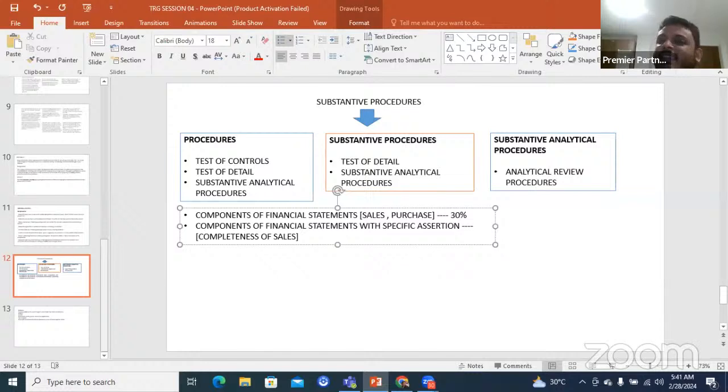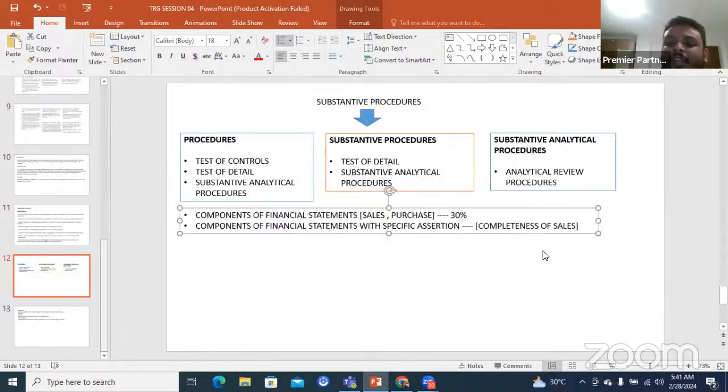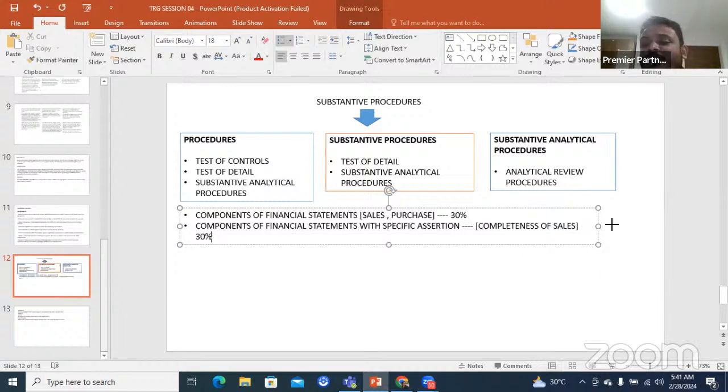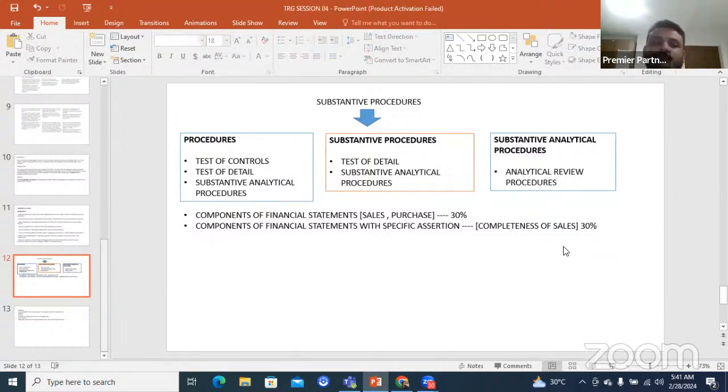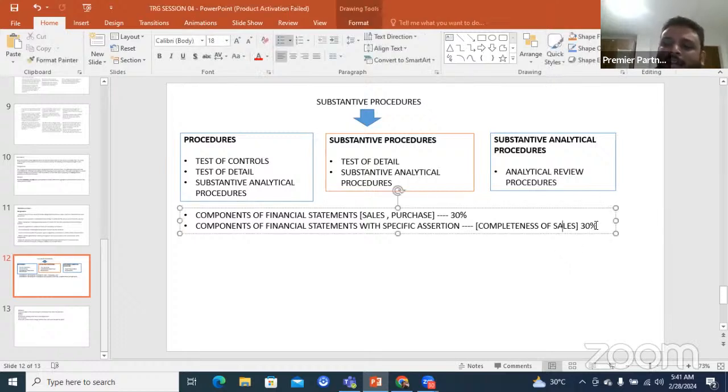Earlier just sales, but now completeness of sales. Elements of financial statement, but they are asking with a specific assertion. It is possible from this area. Most of the students get confused if they get a question like this. So I recommend you all at least to practice both of these. 60% is done. Right?